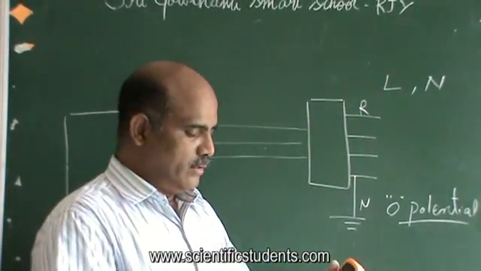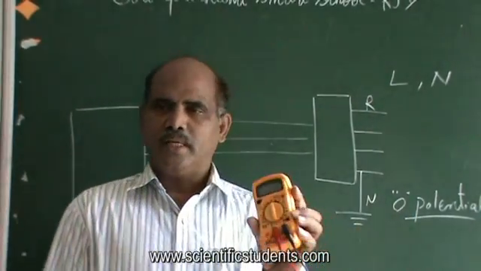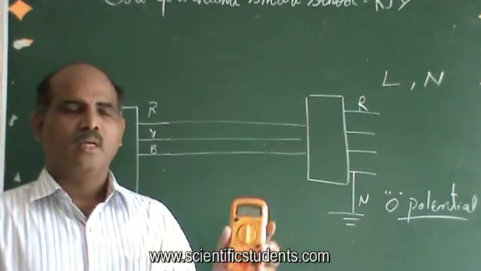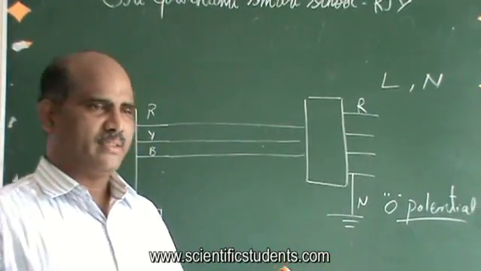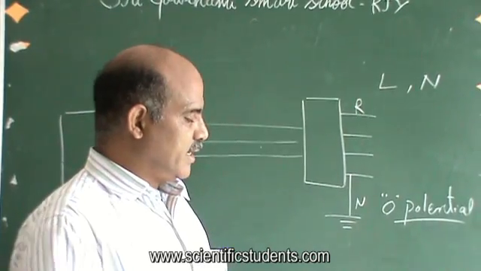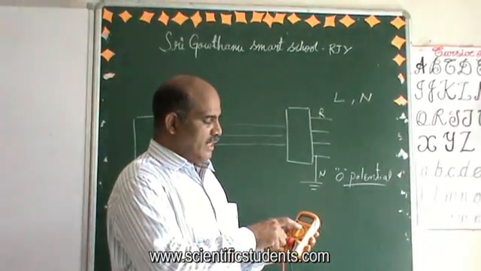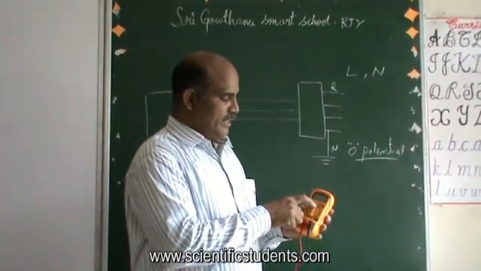So what you need to do, we brought two more meters like this, because you can also practice that. This particular meter measures alternating voltage. There are two scales here, one is 200 volts, another is 600.